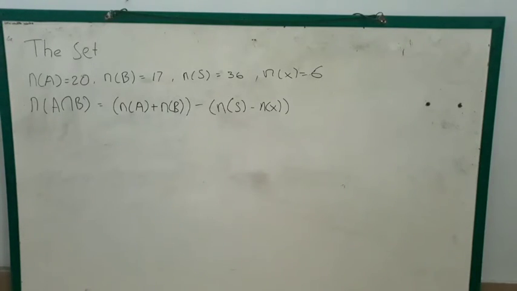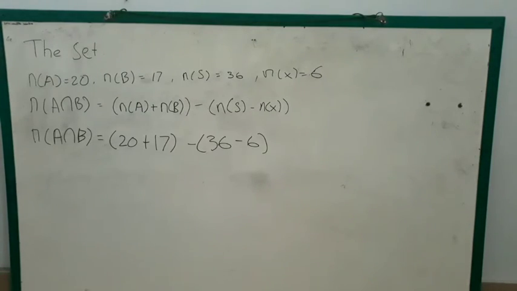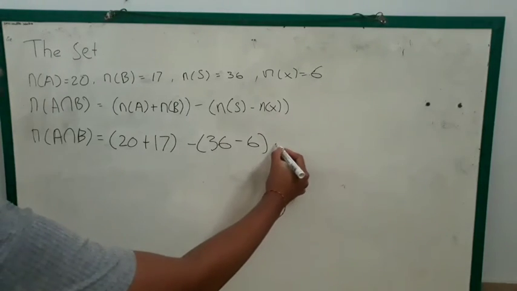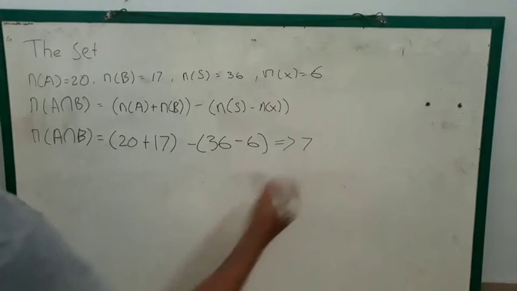First step is we find the value of the intersection of sets A and B. The formula for the intersection of A and B is value A plus value B minus value S minus value X. So the intersection of A and B is 20 plus 17 minus 36 minus 6, and we find the result is 7.